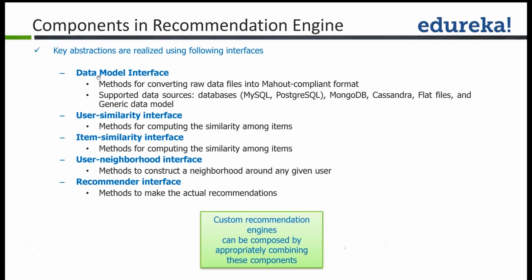That's why I told you recommendation engines are not just a library, but a little more sophisticated than that, because each of these interfaces gives you a different set of methods. Then you pick and choose one method from each of these interfaces, and you can compose a recommendation engine that is custom made by yourself.